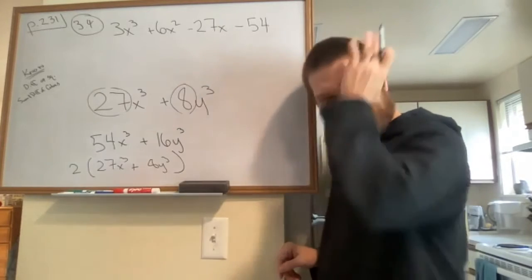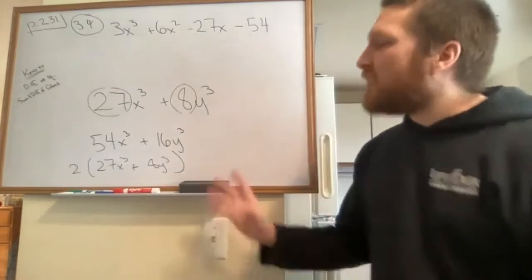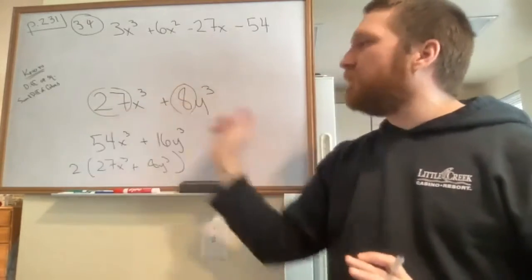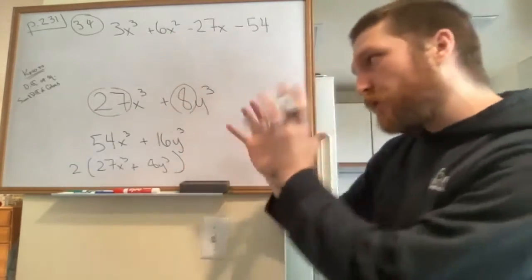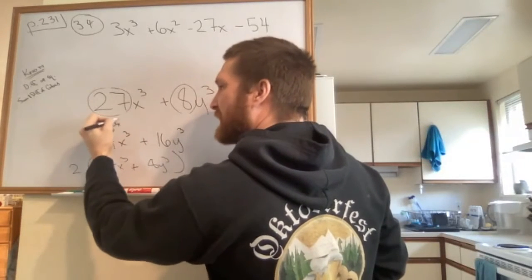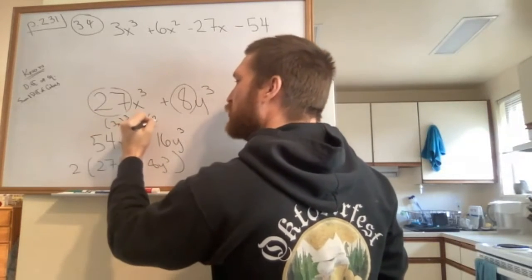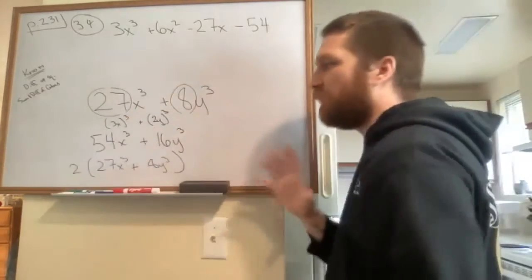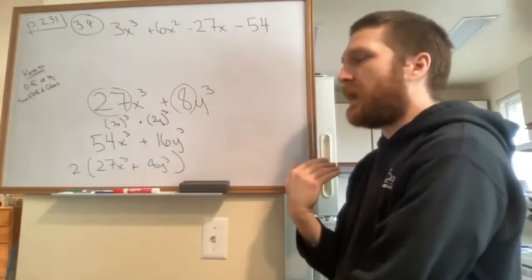So the idea is, I recognize this as a sum of cubes. And so I could rewrite this just like you said as 3x quantity cubed plus 2y quantity cubed, and then just use my nifty formula to factor this out.